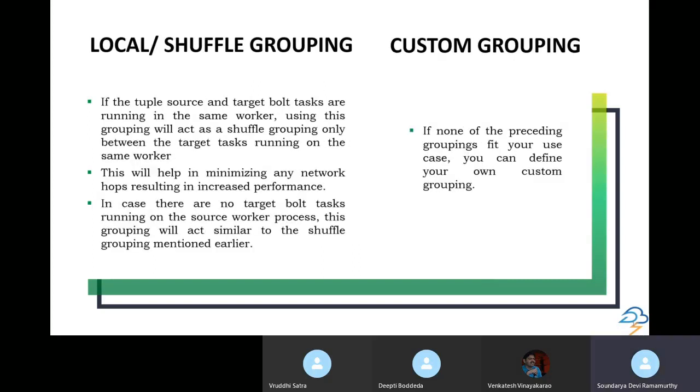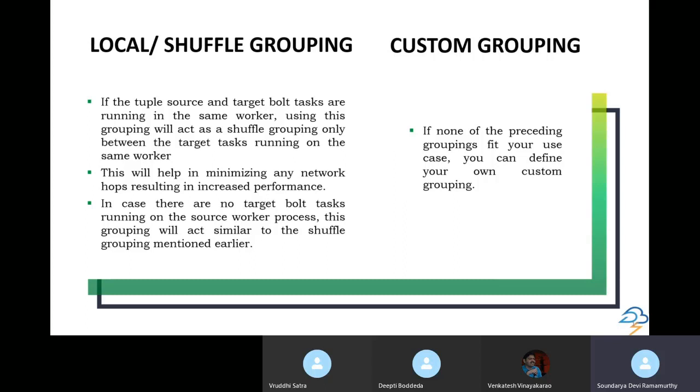So next is local or shuffle grouping. This is similar to the shuffle grouping that we discussed in the first one. The only difference is that if the source tuple and the target bolt are in the same worker process, and we want the shuffle grouping to happen inside the same worker process, then it is called local or shuffle grouping.